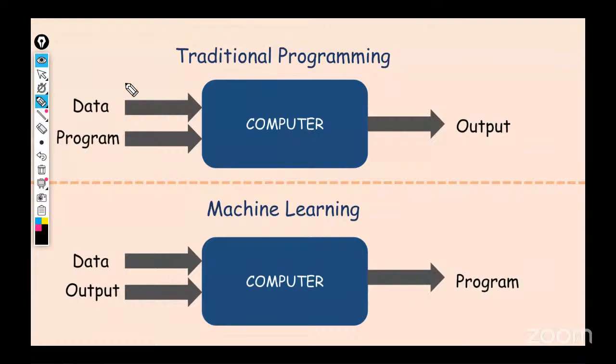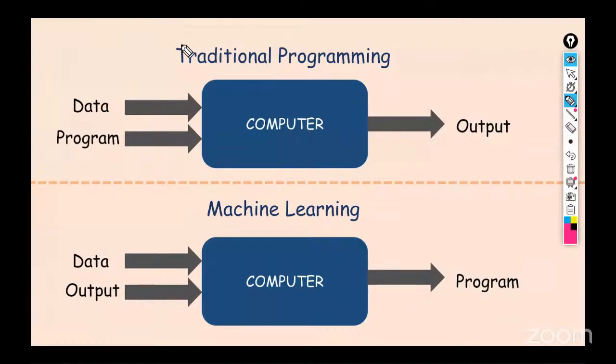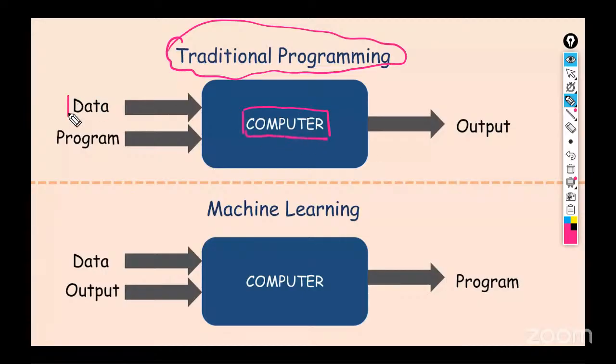Machine learning versus traditional programming. So what happens in traditional programming? Let's say you have this computer. You write some code and you provide some data, and data means you provide some input. You provide some input and you add some program, and you get the output.